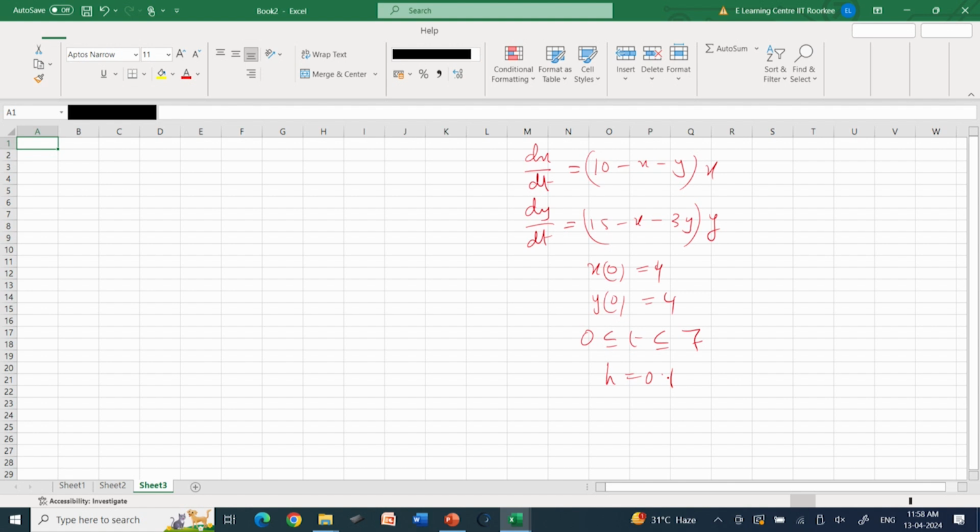Let's solve this. So, as usual, I put the value of h to be 0.1.